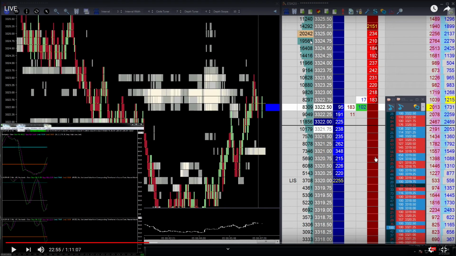That particular pattern, if I zoom out on this, hopefully you've watched the last two videos. I'll put the link in the description for them. But there's just a high probability that we're going to test 25 even, especially since it's the VPOC, and especially with the way we're coming back up.